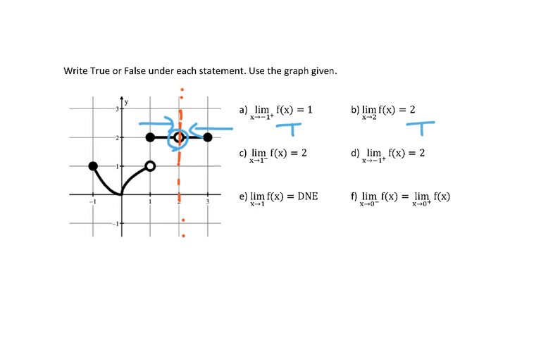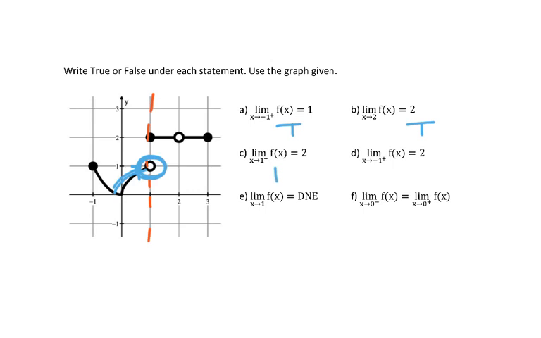Alright, part C. The limit as x approaches 1 from the left side is equal to 2. So we're looking as x approaches 1 from the left side. From the graph, it looks as if, as you get closer and closer to 1, the y value there is 1.